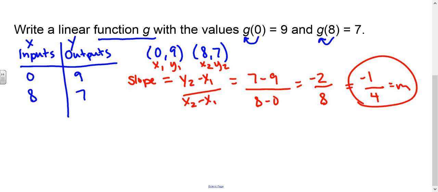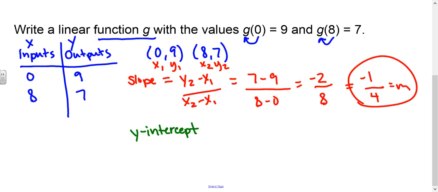Okay? Then I'm going to find my y-intercept. I can do that by using my equation, y equals mx plus b, and plugging in all the information. But if you notice something, look at the points you were given in the beginning. Where does the point 0, 9 fall on a graph?